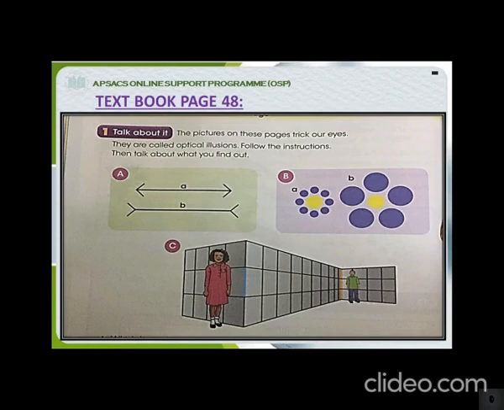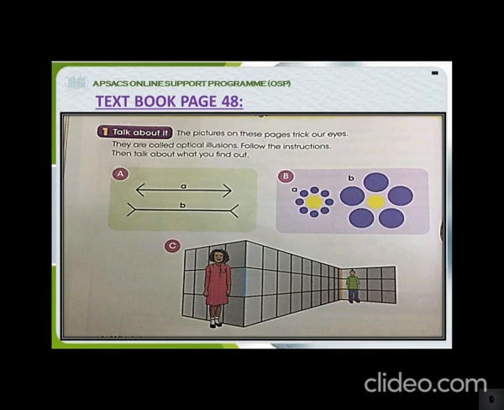Okay students, now I want you all to open your textbooks page number 48 and look at the pictures carefully. Tell me, in picture A, are lines A and B equal in length? Your answer might be a no. But I want you all to use a scale and measure both the lines.